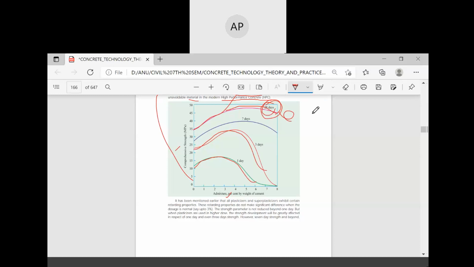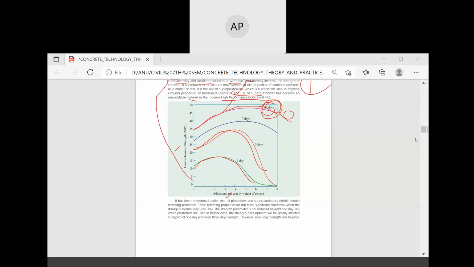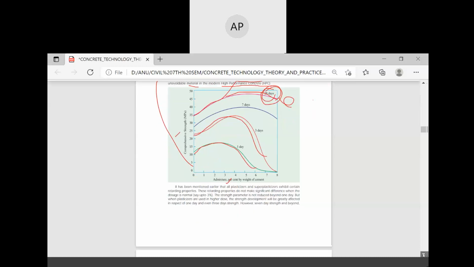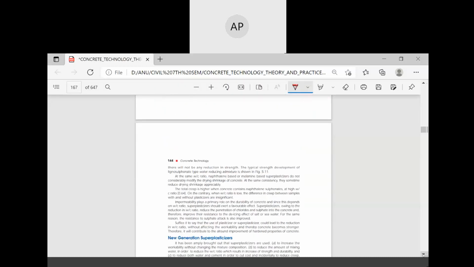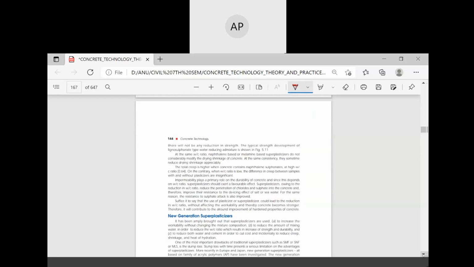However, beyond 7 day strength, there will not be reduction in strength. The typical strength development is shown in the figure.